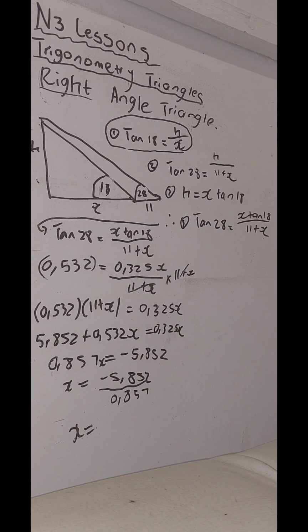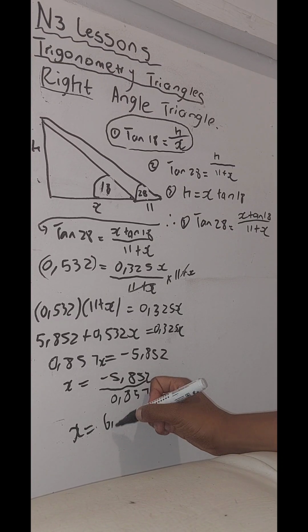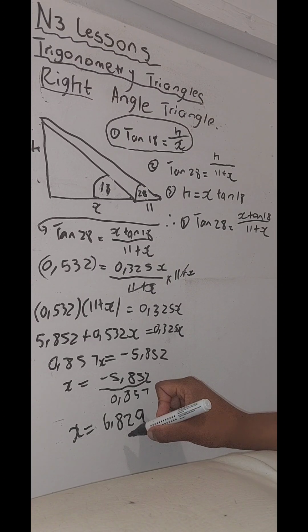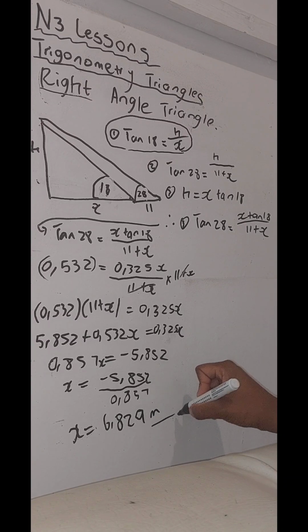Negative 5.852 divided by 0.857. I get my x to be 6.829, 6.829 meters.